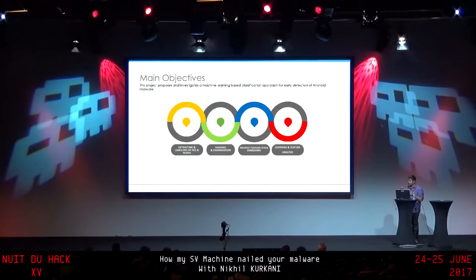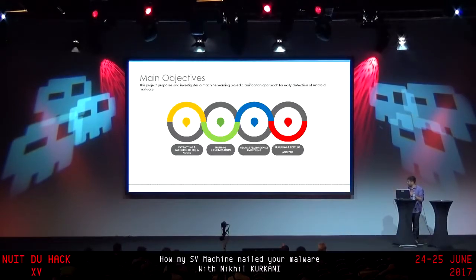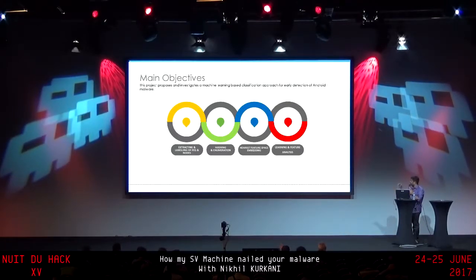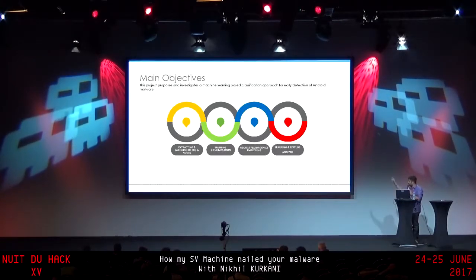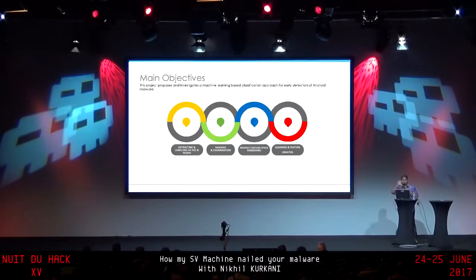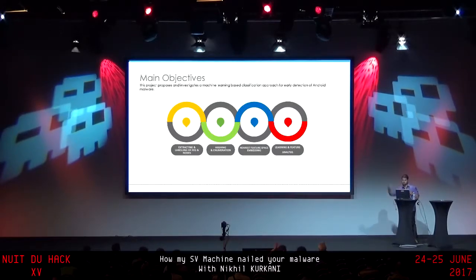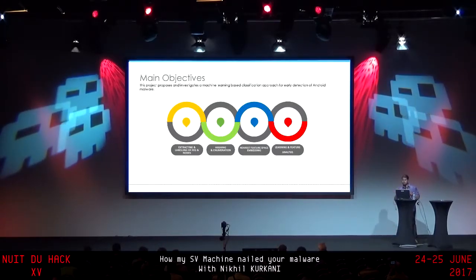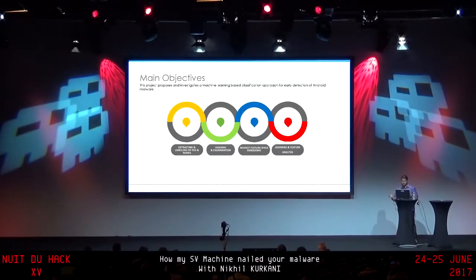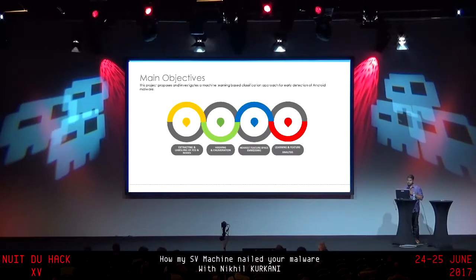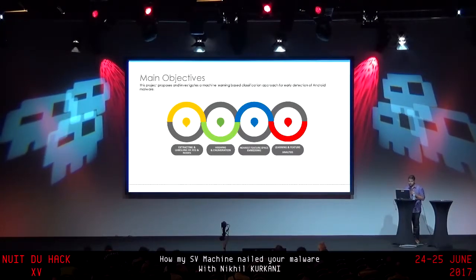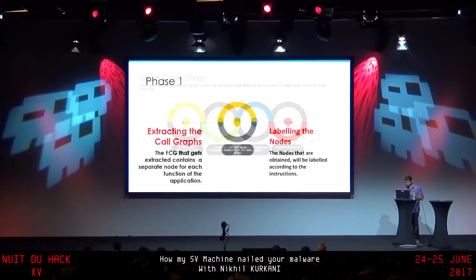We are going to explain how these things are done in the coming slides. The last was the learning and the feature analysis. This was the last part, when the whole APK is reversed and sent to the different modules to make it into a graph, and then the SVM learns it. This learning part comes in handy when you give it a fresh new sample.